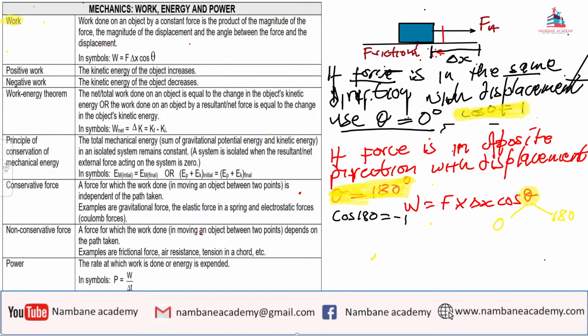That is very, very important. So positive work basically means the kinetic energy of an object is increasing. Positive work, kinetic energy of the object increases. Negative work, the kinetic energy of the object decreases.